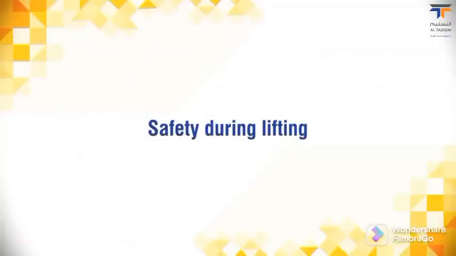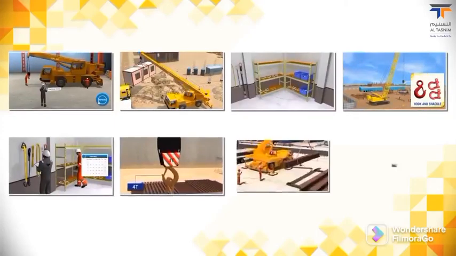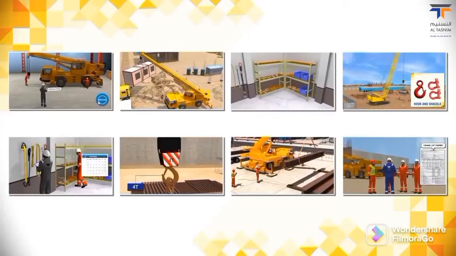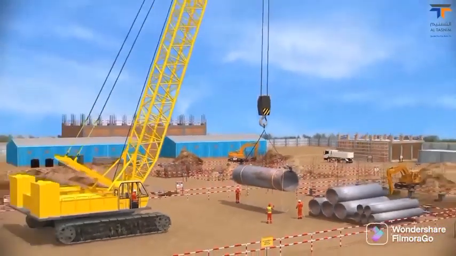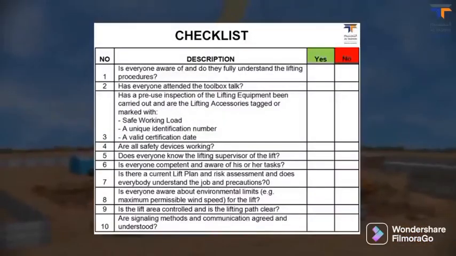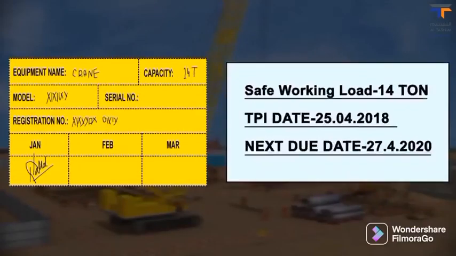Safety during lifting. Now, let us understand the safety rules to be followed while performing a lifting operation. During loading and unloading, please follow a 10-point checklist. All equipment should have an inspection tag and specify their capacity to lift weights.